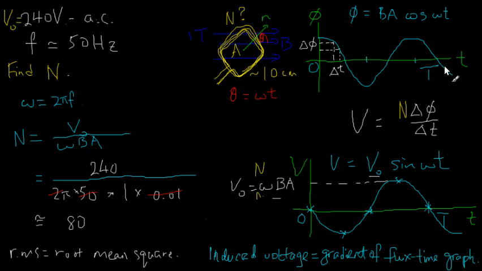So if the flux is a cosine function, the induced voltage will be a sine function.